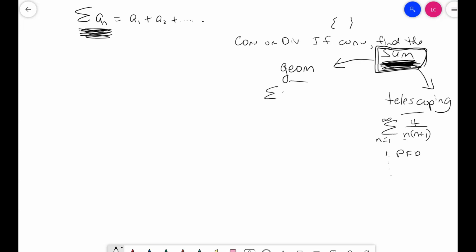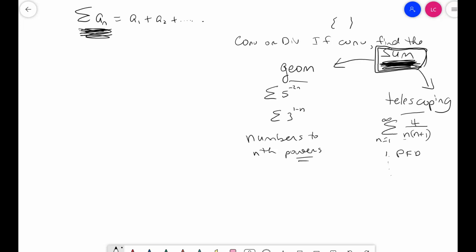A geometric sum is going to be like 5 to the negative 2n or 3 to the 1 minus n. So something with numbers to the nth powers. That's going to be geometric, and I'll let you go through the process.